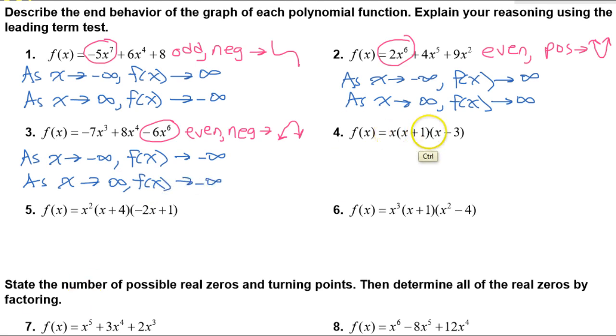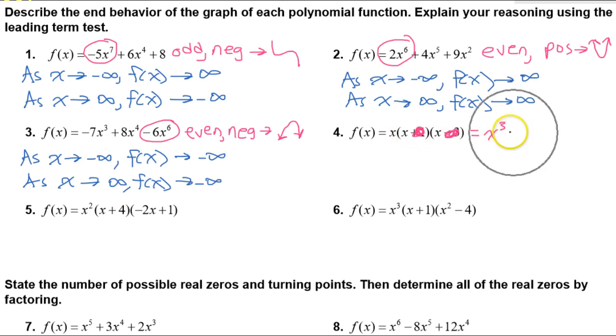All right, problem number 4 looks a little bit strange, but if you want to figure out what the leading coefficient is doing, all you really have to do is ignore the +1 and the -3. So the leading term is really going to be x to the third power.